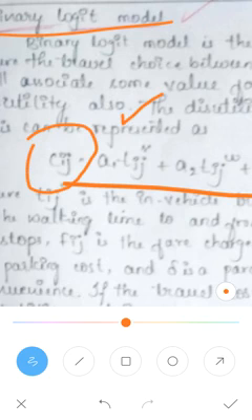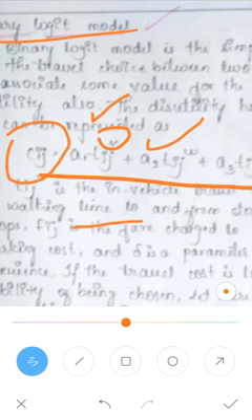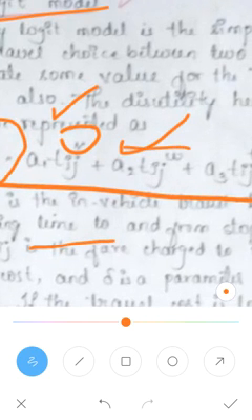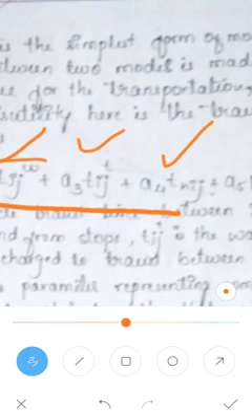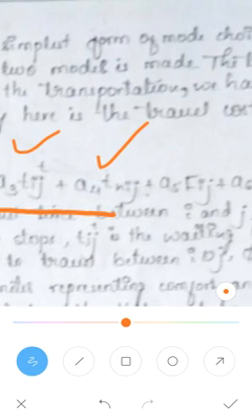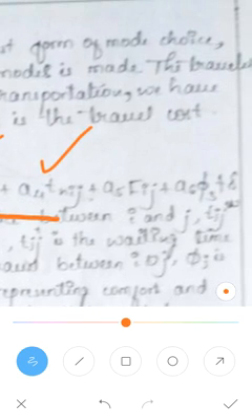Cij is equal to a1 Tij to the power of v, plus a2 Tij to the power of w, plus a3 Tij to the power of t, plus a4 tnij, plus a5 fij, plus a6 phi j, plus delta.